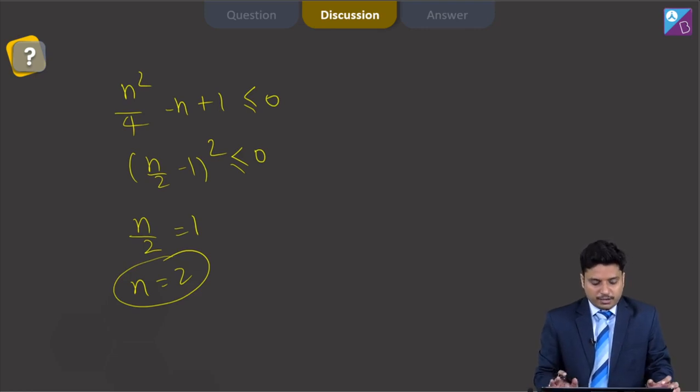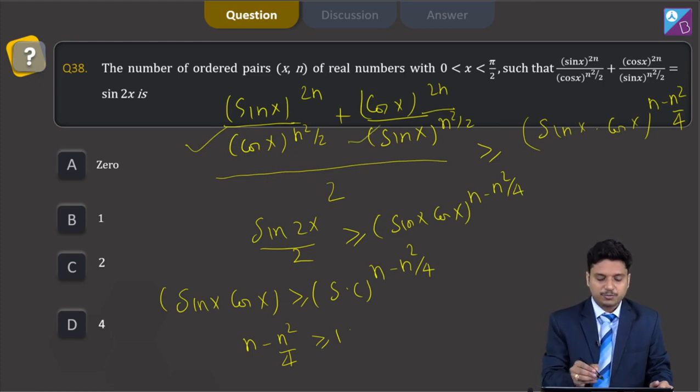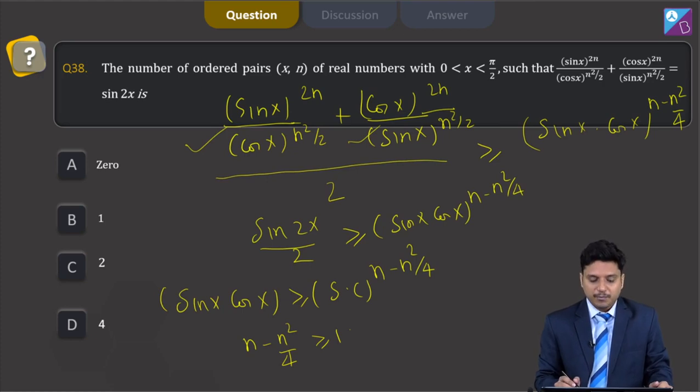So for x and n, now we are aware of the value of n, and this has been attained when we have equated the two quantities AM and GM. So for equality of AM and GM, those two numbers which were involved initially, that are sin x raised to power 2n upon cos x raised to power n square by 2 and cos x raised to power 2n upon sin x raised to power n square by 2, must be the same, and they will be the same when x is equal to pi by 4.